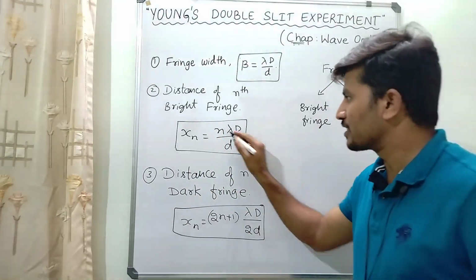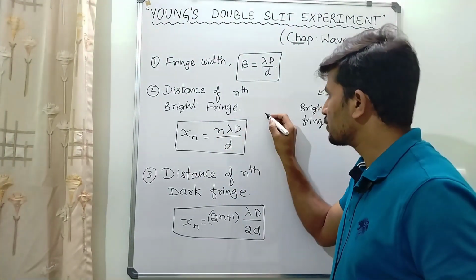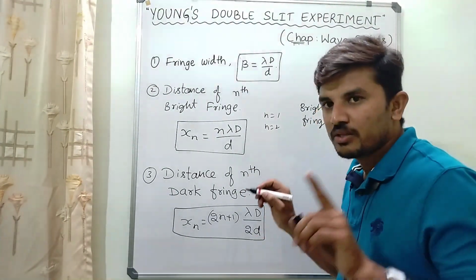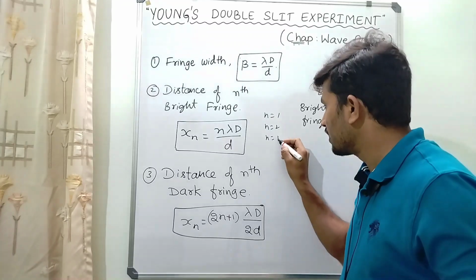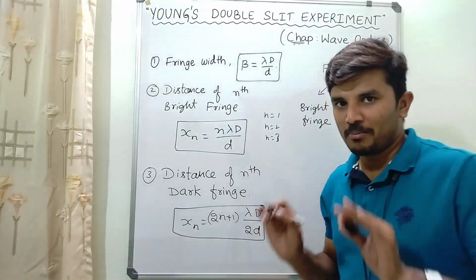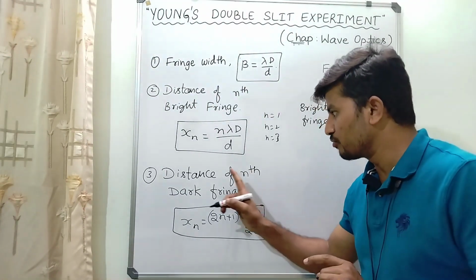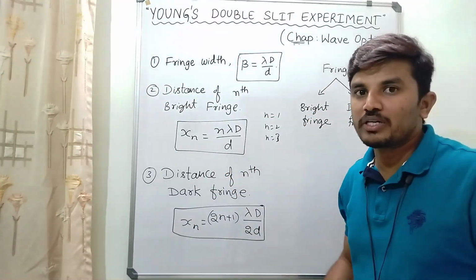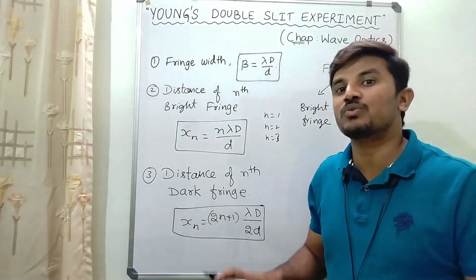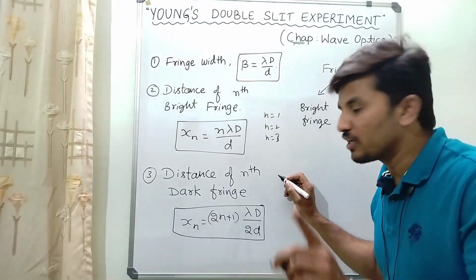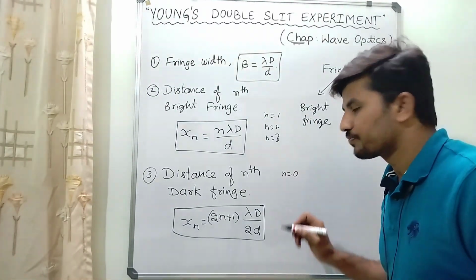If you want to calculate the distance of the first bright fringe, n value is equal to 1. Second bright fringe, n value is equal to 2. Third bright fringe, n value is equal to 3, and so on. There is no ambiguity in that. But if you calculate the distance of the nth dark fringe, you have to take n value as n minus 1. Means, for the first dark fringe, n value is 0.